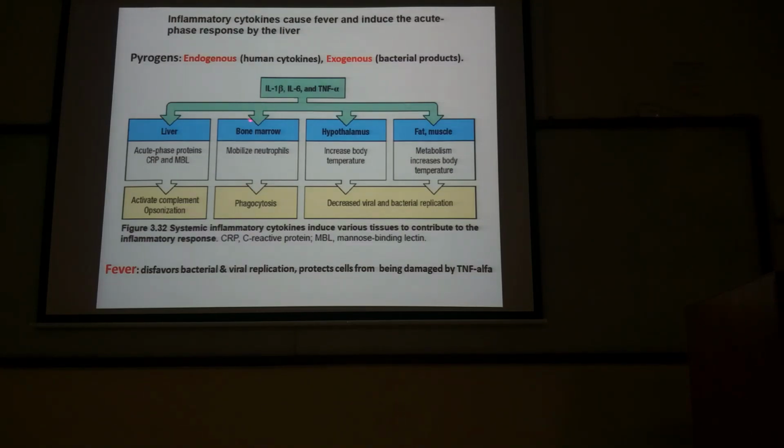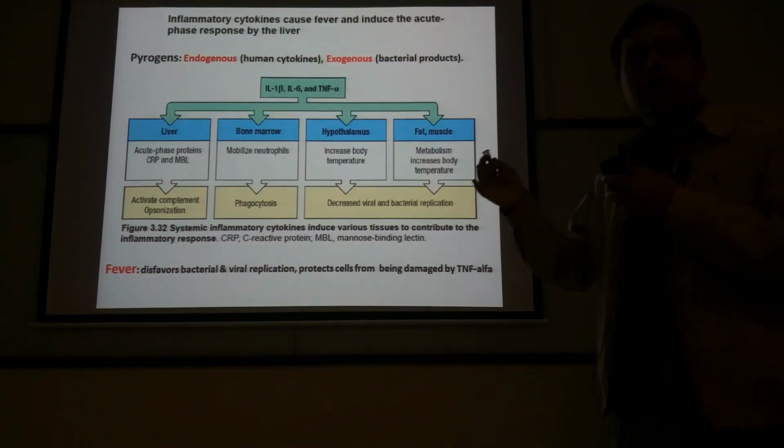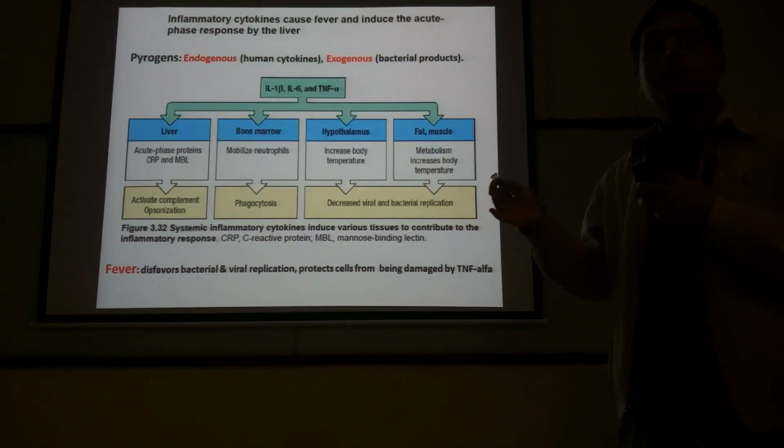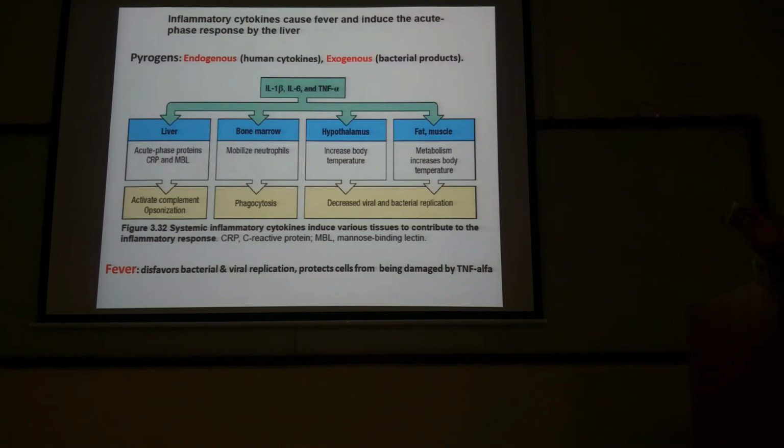Then these cytokines can also directly affect the bone marrow, and they can mobilize the neutrophils. And if you remember, I had told you that neutrophils stay inside the bone marrow for 5 days. And outside the bone marrow, the neutrophils would just live for a day or two at the maximum.